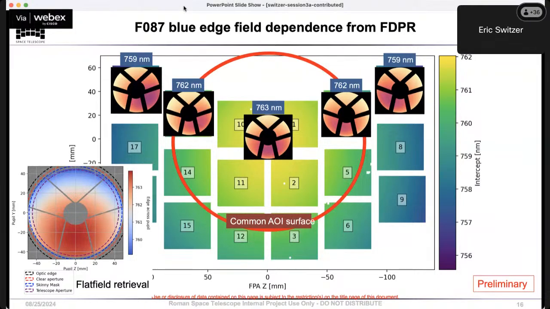So this retrieves the amplitude across the surface, and that's as a proxy for the transmission as a function of wavelength. You can see on the bottom left, the flat field and the FDPR showed the same consistent pattern of variation across the surface.